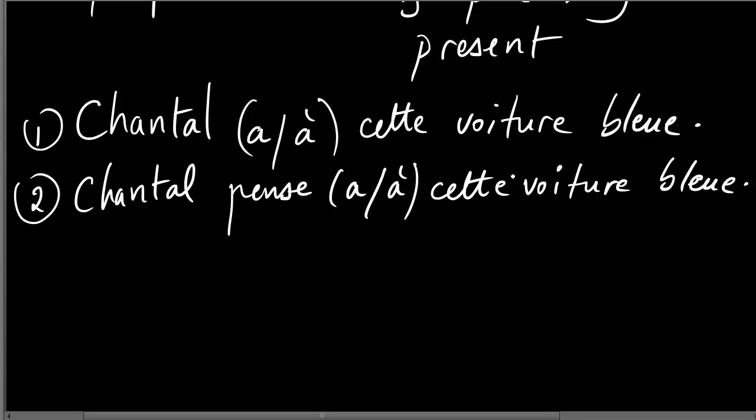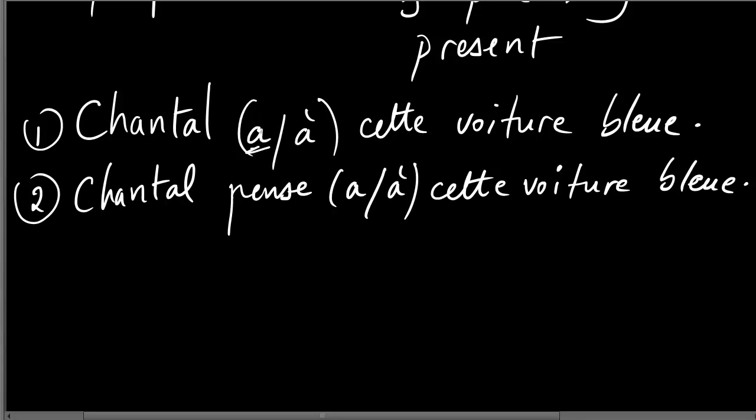Chantal a cette voiture bleue and Chantal pense à cette voiture bleue. How do you know that you should be using this a versus this à, and in the second case this a versus the second one? Well, it's quite easy. In the first case we have a.